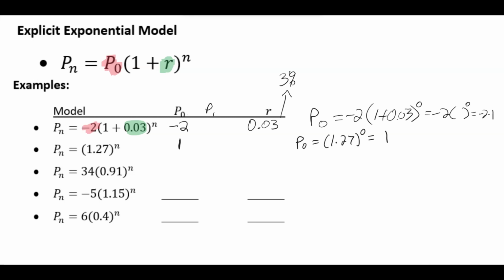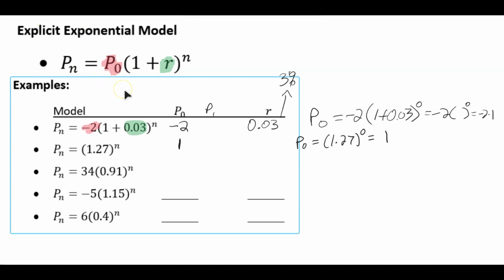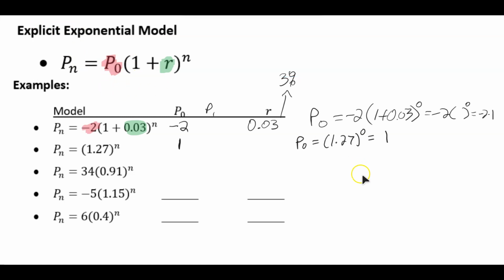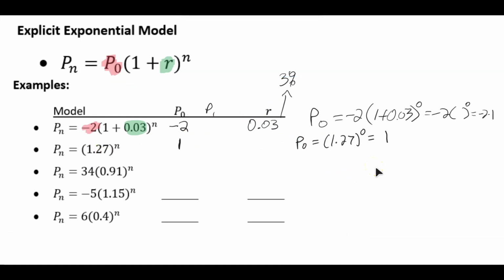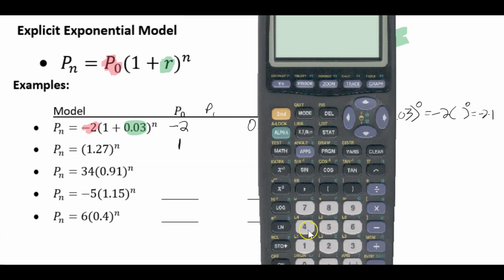The nice thing about the explicit models is you can just directly plug numbers in and find out the value that you're looking for. Now, the r value isn't as obvious. If I look at the 1.27 and I want to express that as 1 plus some number, the easiest thing to do, you can see maybe it's 0.27, but let me pull up a calculator.